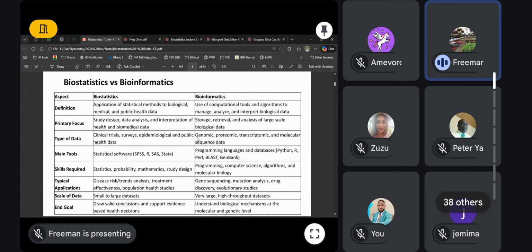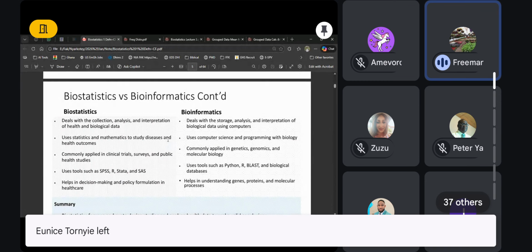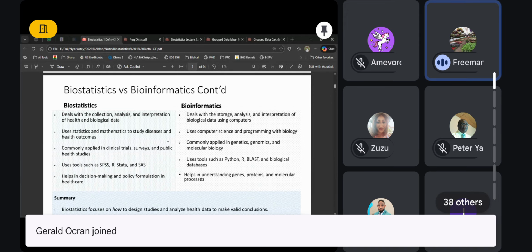So you agree with me that you need the left-hand side more than the right-hand side in your field. That is why I was saying maybe they have to rename the course. The same thing in a different language. It deals with the collection, analysis, and interpretation of health and biological data.